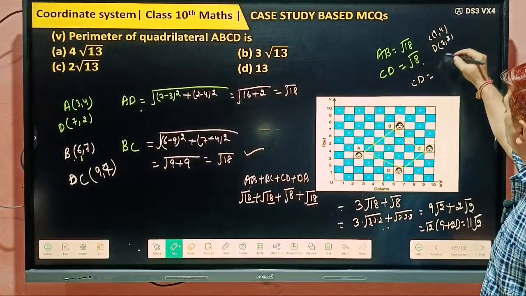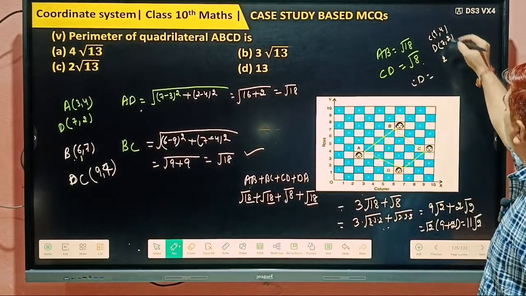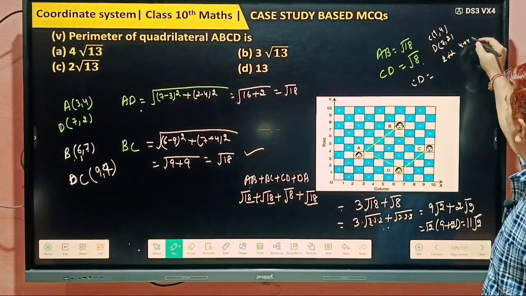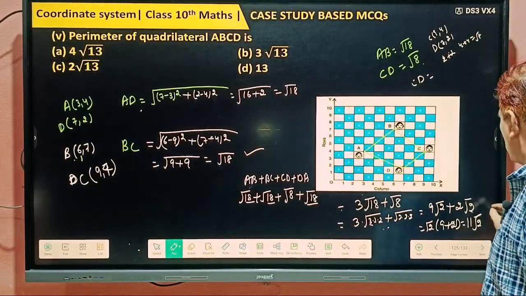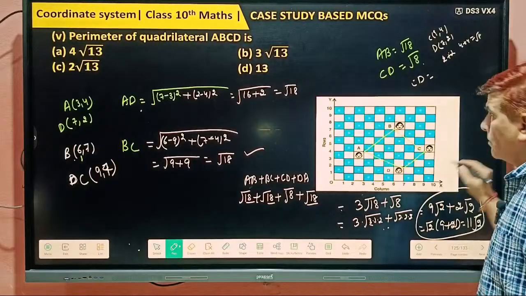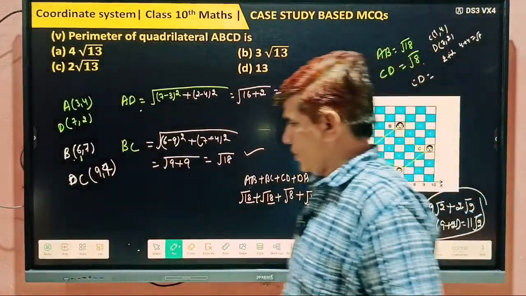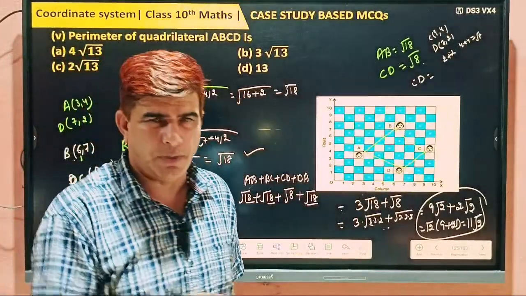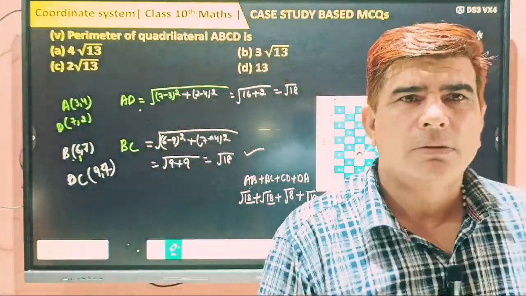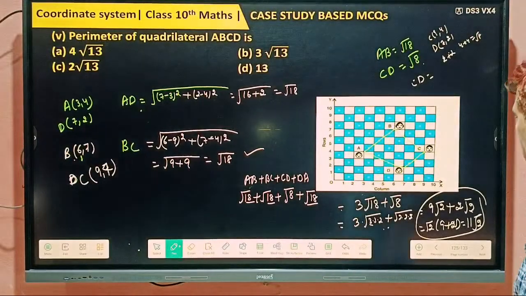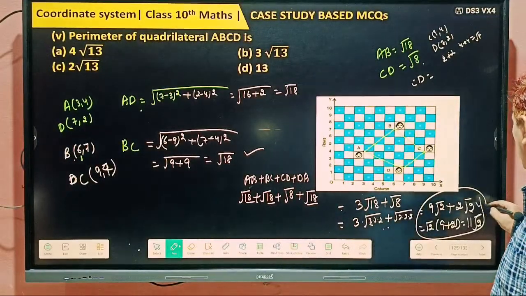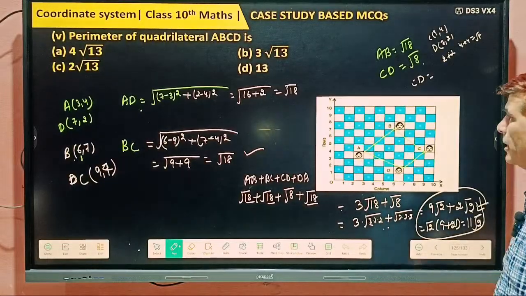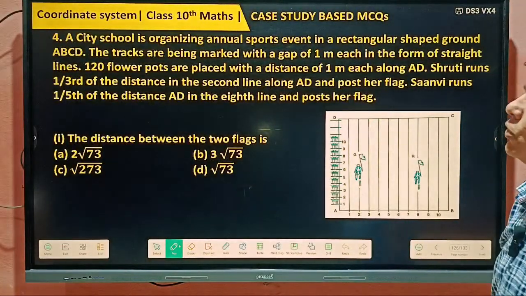So 9 minus 7, 2. And 4 minus 2, plus 2. So this is 2 squared plus 2 squared, 4 plus 4, and root 8. So its answer is this. Here not given in these options. So it may be possible a clerical mistake, typing mistake. Understood? But its answer is 11 under root 2. Got? Perimeter means sum of all sides.